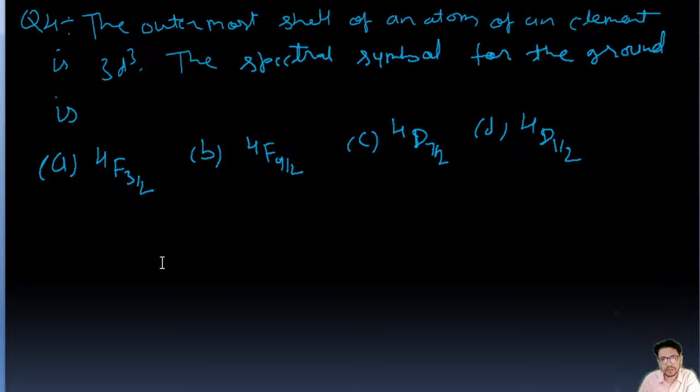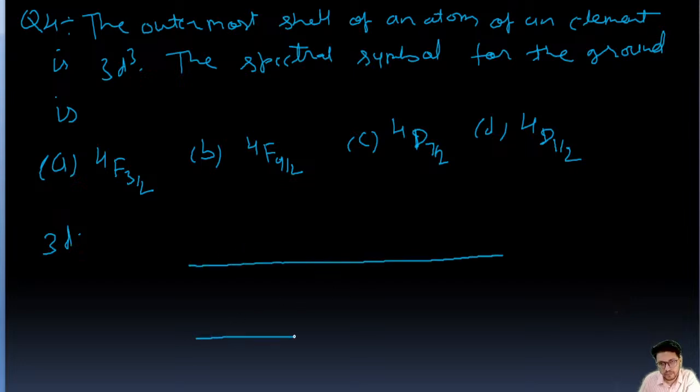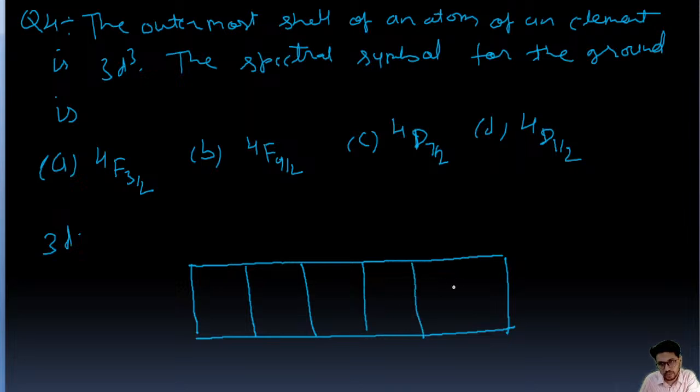So this is for D, right? So this is 3D. We'll make the D orbitals, 3D orbitals. One, two, three, 4, 5.